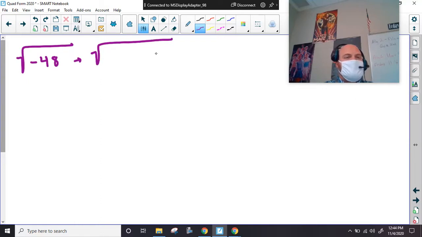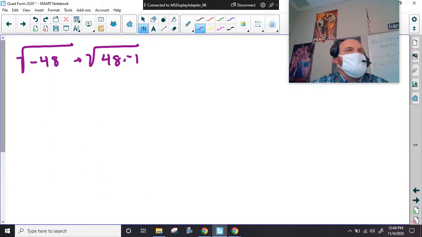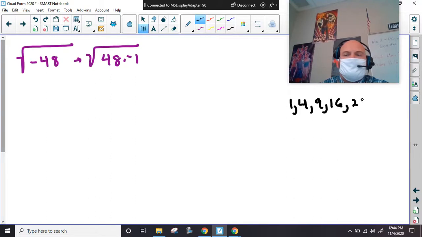All right. We know this is 48 times negative 1. What is a perfect square that will divide 48? What's the number that you see right here besides 4 that will divide 16? Okay.